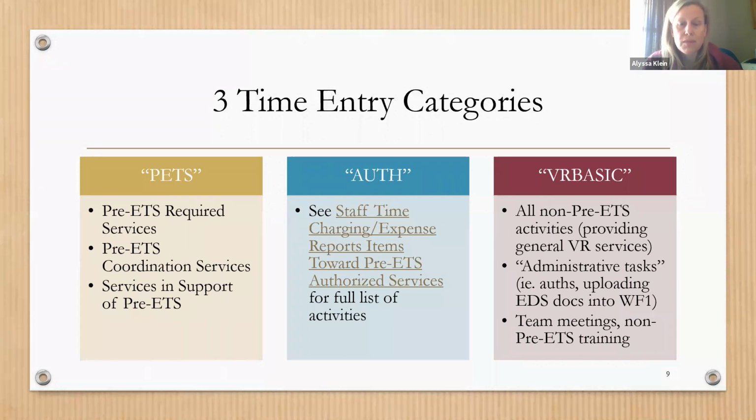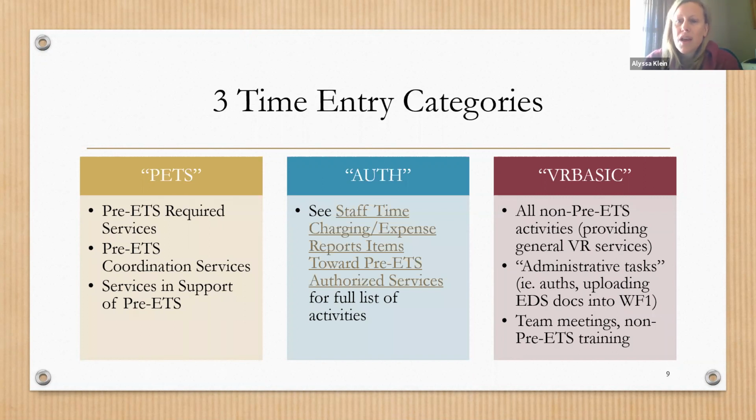AUTH includes all of your time and expenses related to the items on the staff time charging expense reports items towards pre-ETS authorized services, which is linked on this slide. And then the remainder of your time would be VR Basic, and that includes all non-pre-ETS related activities. In other words, providing general VR services.